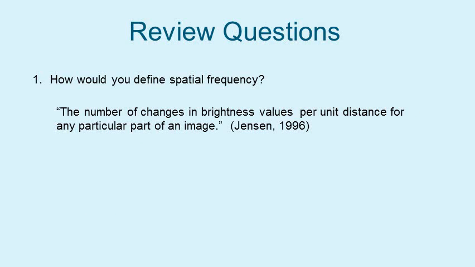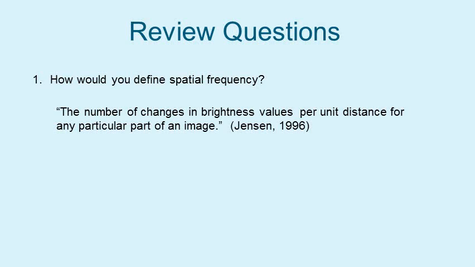Question 1. How would you define spatial frequency? Spatial frequency is the number of changes in brightness values per unit distance for any particular part of an image. Satellite images are often discussed in terms of their high or low spatial frequency. Images with very little change in the brightness values per unit distance are considered to be low spatial frequency images.